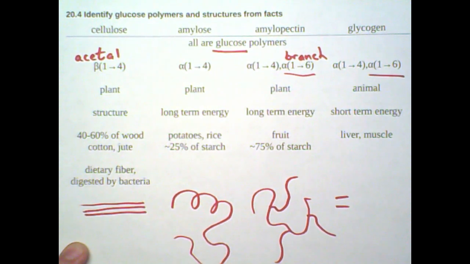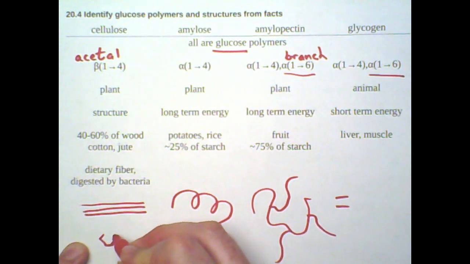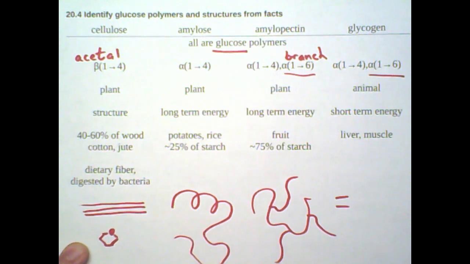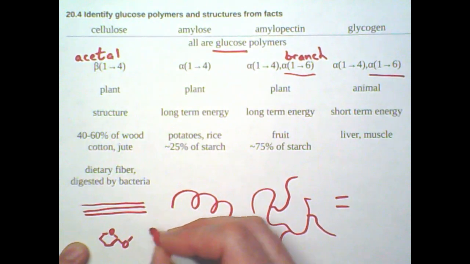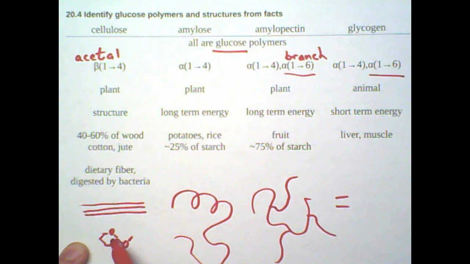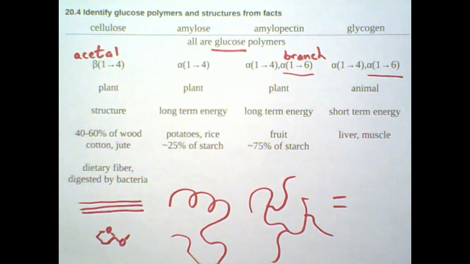Glycogen typically has more branches than amylopectin, but when you put all these little sugar monomers together that have these rings with an oxygen in them, and they connect to another sugar, you put them into these different chains and you get these different structures. And that's enough for you to know to answer questions on the basics of these 4 common glucose polymers.